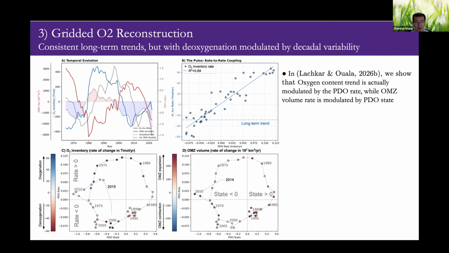You said you didn't apply any bias correction, so that might explain some of the differences you see in your simulation. Keep that in mind, because we find a bias of about 1.7 millimole per kilogram in the Argo oxygen data. I have a paper on that. I can share it with you.